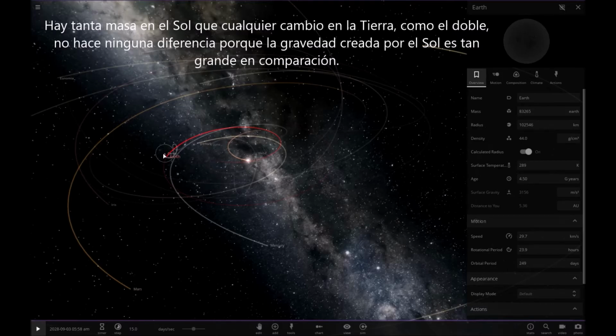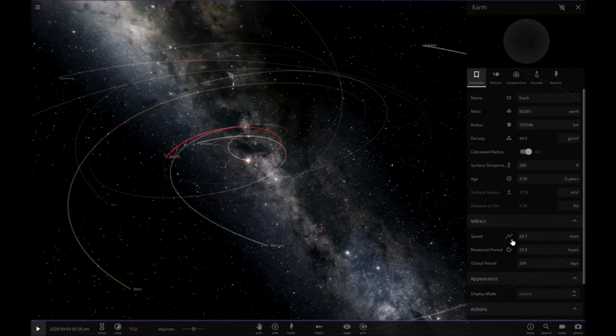So we're talking about so much mass in this sun that even changing the mass of the Earth, like doubling it or multiplying it times 10, is so insignificant compared to the sun and the amount of gravity the sun is putting out, that changing the Earth is not really going to do a whole lot for its speed or orbital period.